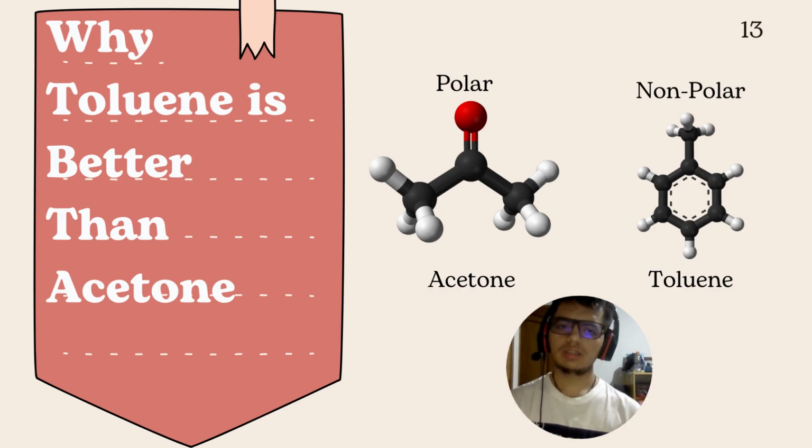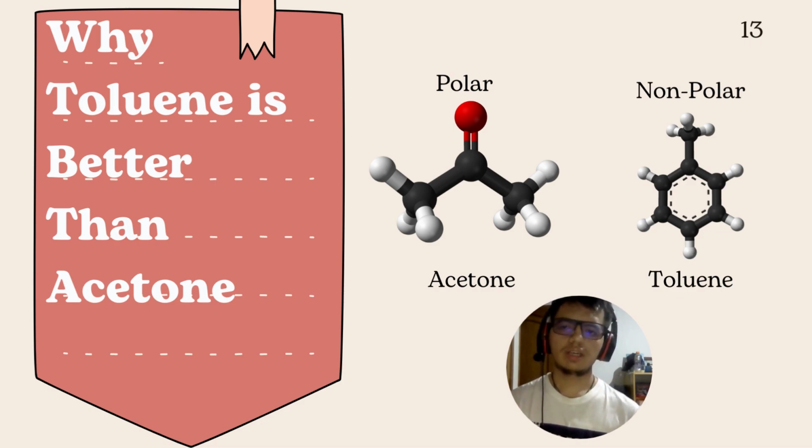And we think that happens because of the polarity of the solvents that we used. For example, in this case, the toluene is non-polar and the acetone is polar. So that's the reason why we think that toluene has a better solubility with the asphaltenes of the oil that we used.